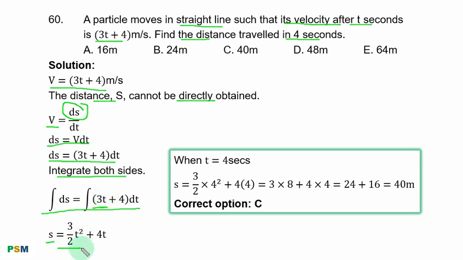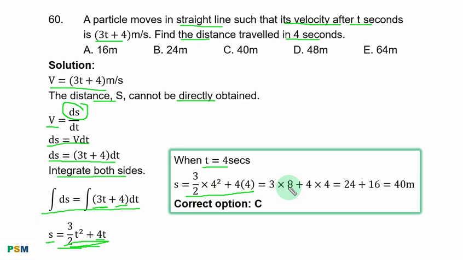When you integrate a constant, it attracts the variable you are working with, which is t. So if you integrate 4, you have 4t. When t is equal to 4 seconds, you come here and replace t with 4, you have this result. 4 square is 16.